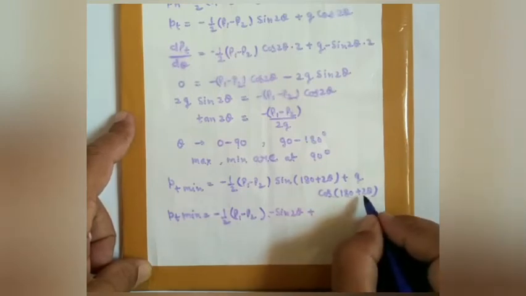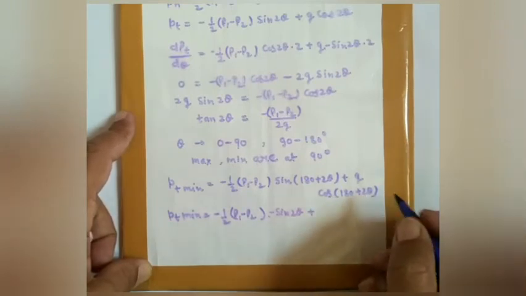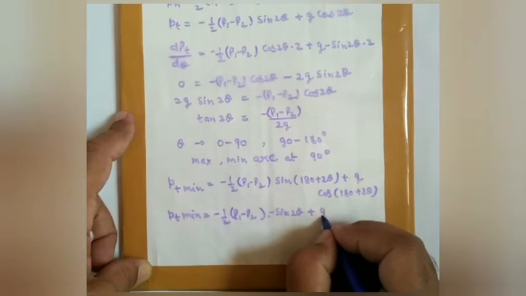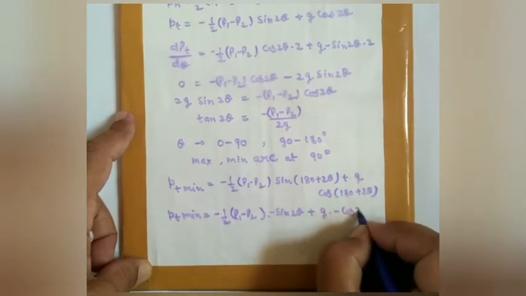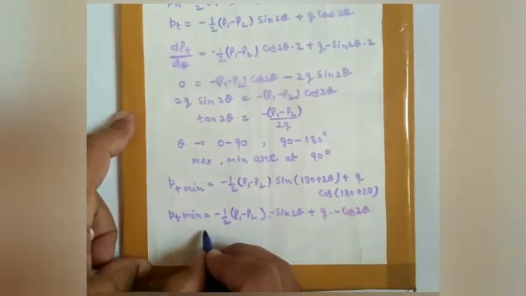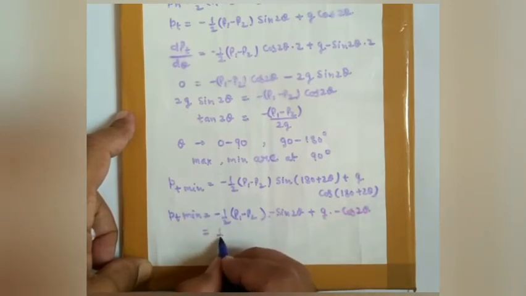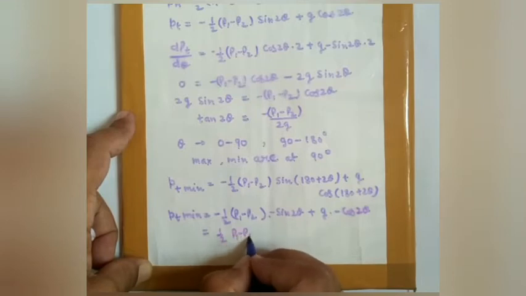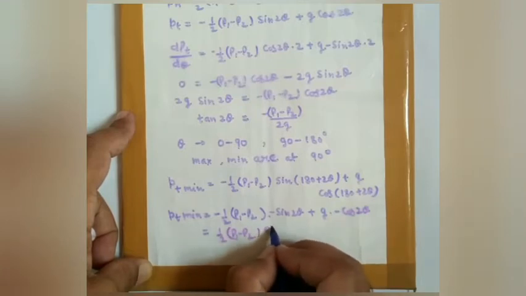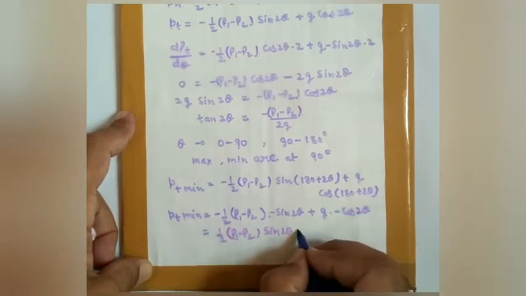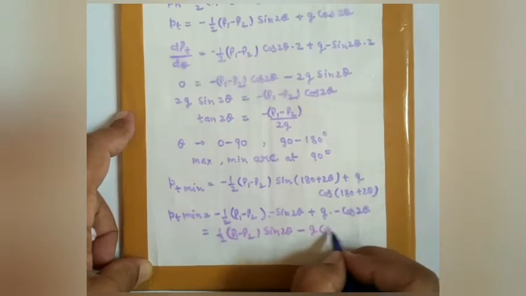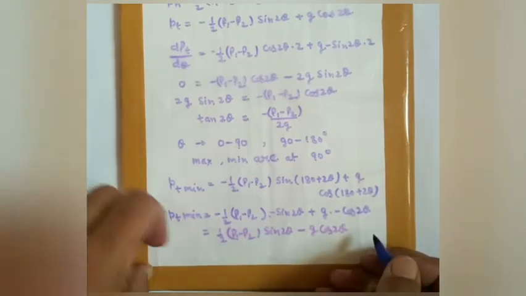Similarly, cos 180 plus 2 theta is minus cos 2 theta. So we can write q into minus cos 2 theta. So we get Pt min is equal to minus minus plus 1 by 2 (p1 minus p2) sine 2 theta minus q cos 2 theta.